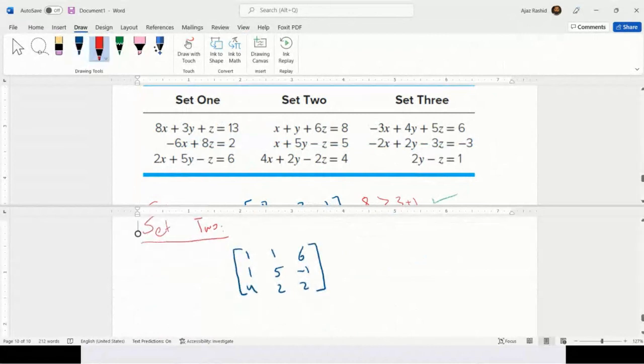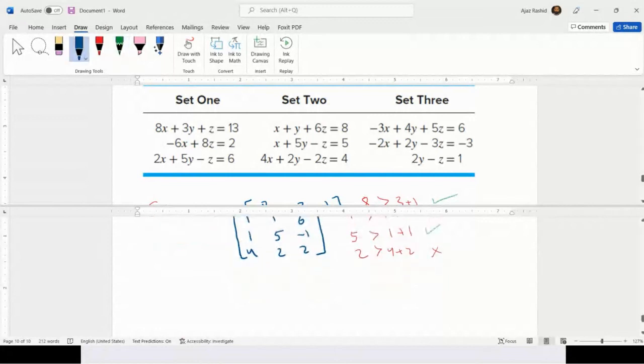Of course, if we check the criteria, 1 greater than 1 plus 6, 5 greater than 1 plus 1, 2 greater than 4 plus 2. Not satisfied, not satisfied. So it is not satisfied. So this is not diagonally dominant. So there are big chances that it might diverge.